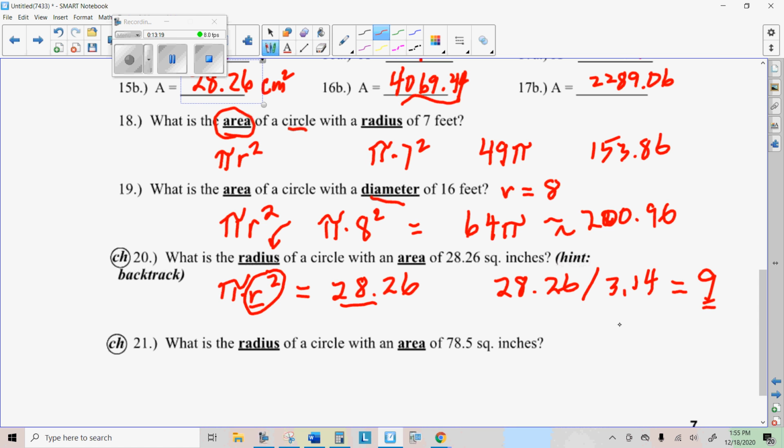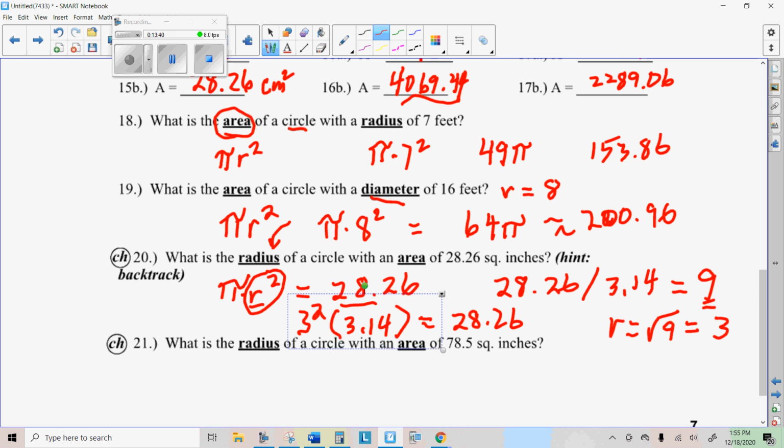So I need to do the square root of 9, which is 3. We know that in our head. All right, so 3, and here's your check. 3 times 3 times 3.14, pi r squared. If that checks out and equals 28.26, then you're good. All right, you try the next.